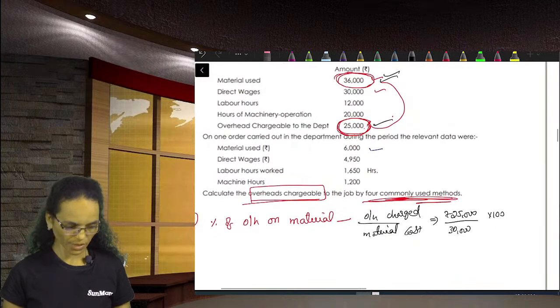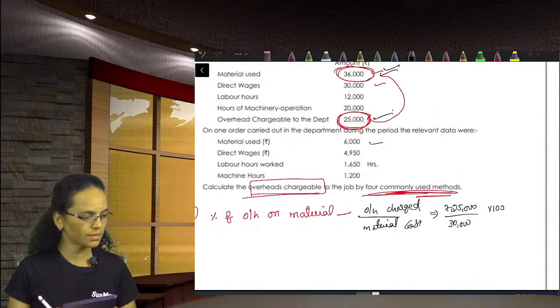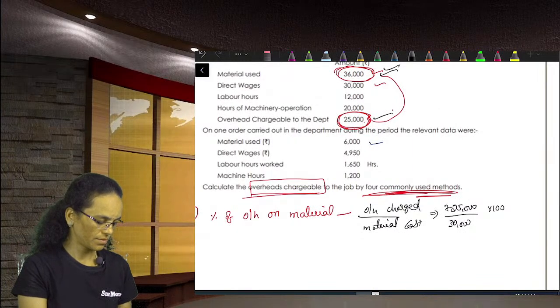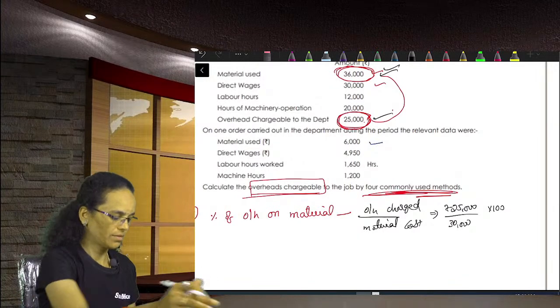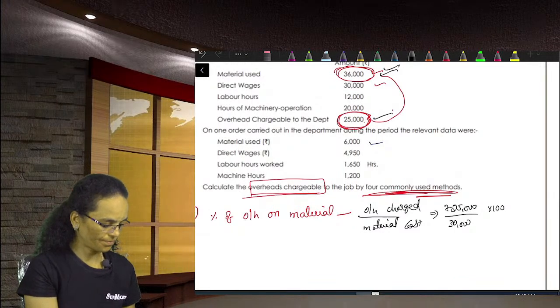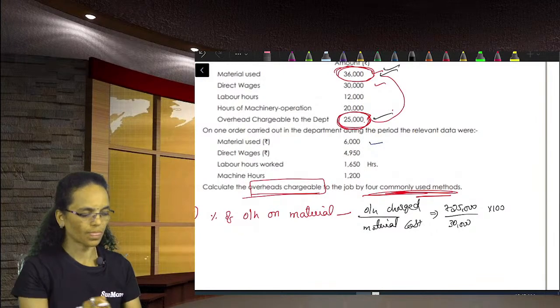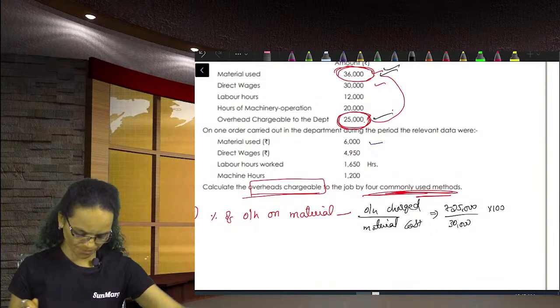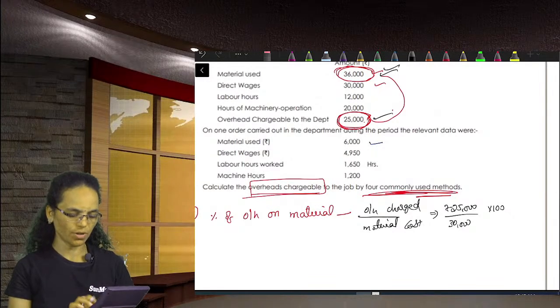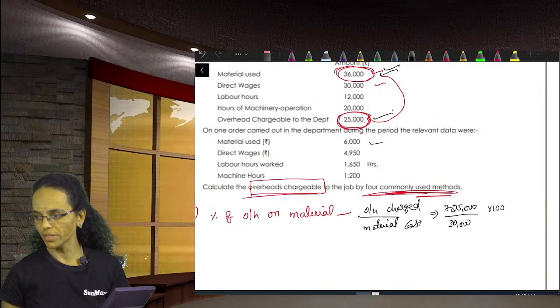So take the calculator. Okay. So 25,000 divided by 30,000 into 100 is nothing but 83.33.